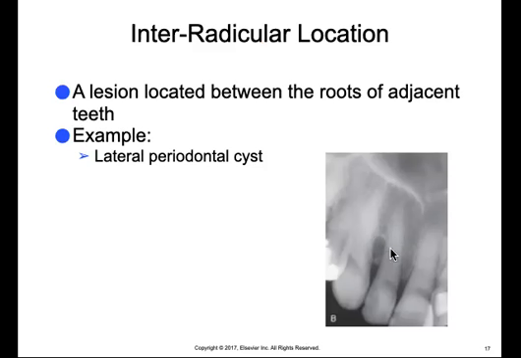It's just a sac that can be filled with fluid or blood or some other type of tissue that's invading the bone tissue there, and that's what causes that radiolucency. The prefix inter means between, and combined with radicular, which means pertaining to a root, we get interradicular.